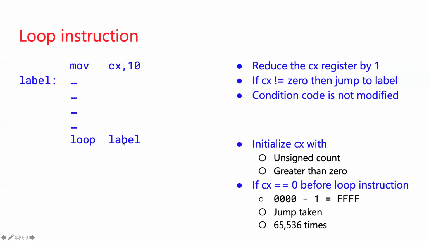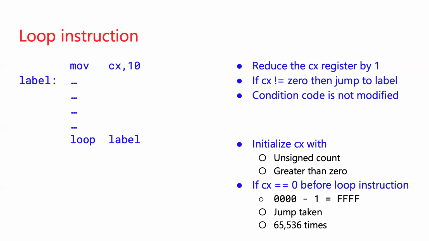And as long as it hasn't hit 0, it'll go back to the top. So CX will go down to 9 and then 8. And then on the last iteration, if CX is 1, you'll go all the way down to this loop instruction. It will decrement it. Now it's 0. And once it hits 0, it just flows on through to the next instruction. So it's assuming you start out CX with a positive number, and that's the number of iterations it's going to do.